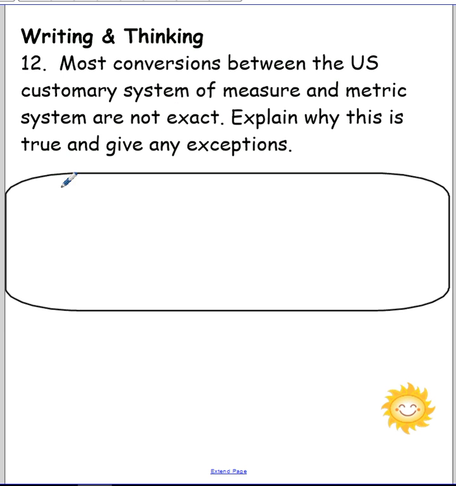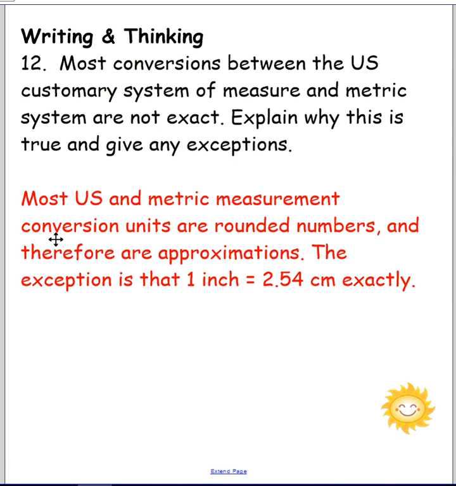Take a second to write why all the other ones aren't exact, and then you can compare it with my answer. So as I mentioned before, most conversion units are rounded, and therefore they're approximations. The exception is that 1 inch is exactly 2.54 centimeters.